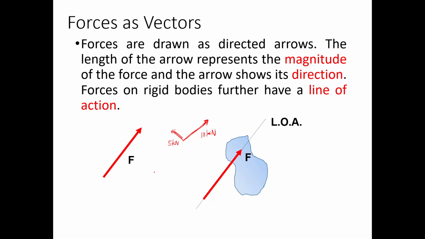It would look odd if, let's say, this is 5 kilonewtons and this one is 10 kilonewtons, yet the lengths don't justify the values presented in your diagram. For this to be valid, the 10 kilonewtons should be longer than the 5 kilonewtons. It may not be the correct length upon drawing, but at least you justified in your drawing that 10 kilonewtons is bigger than 5 kilonewtons because it has a longer arrow.